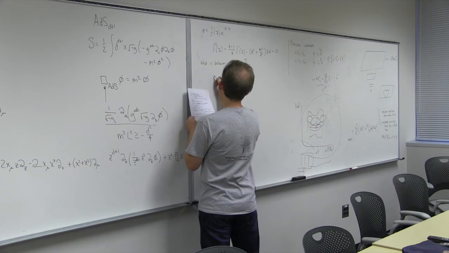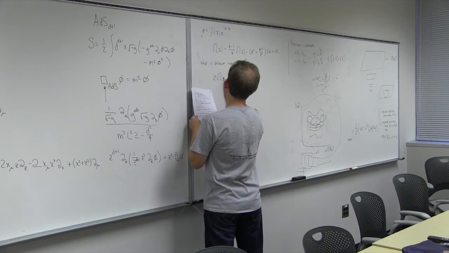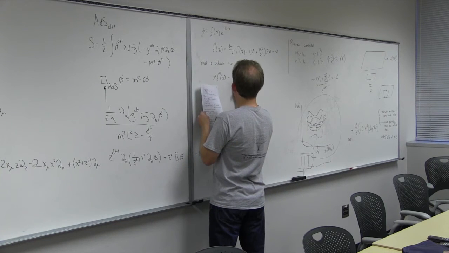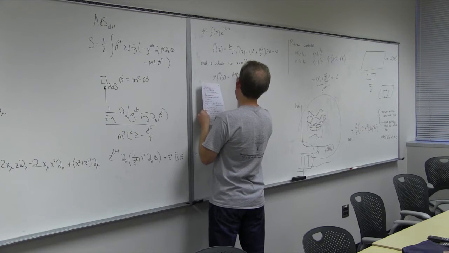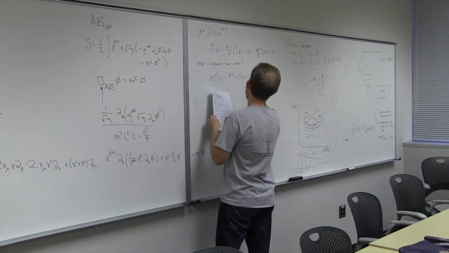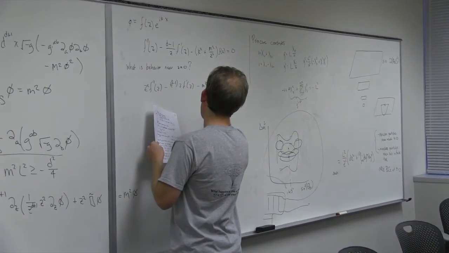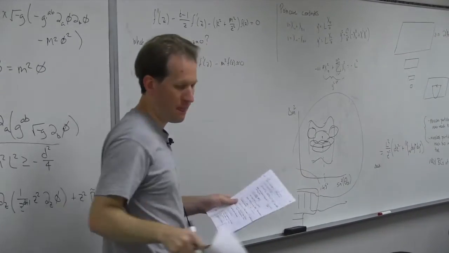So we can look for a power series solution. So for small z, we multiply through by z squared. And so k drops out.